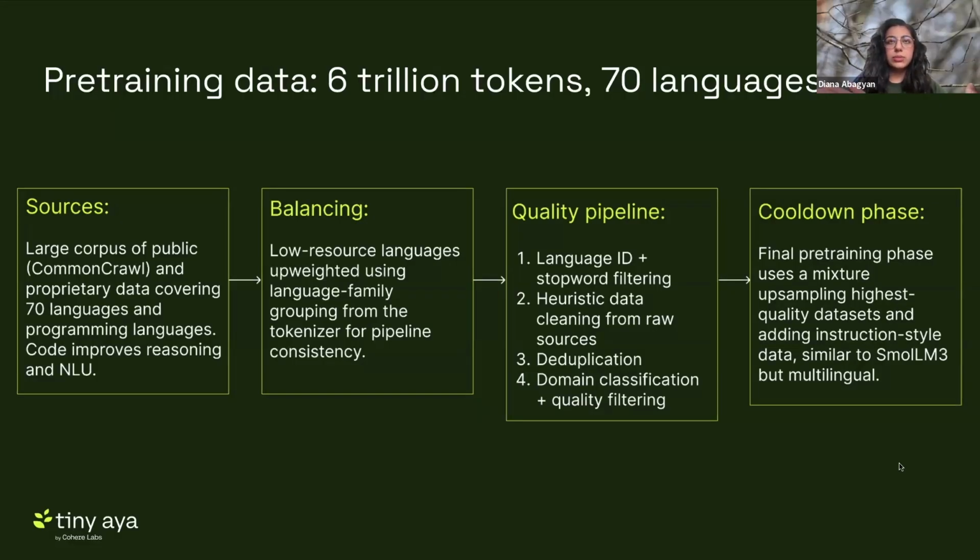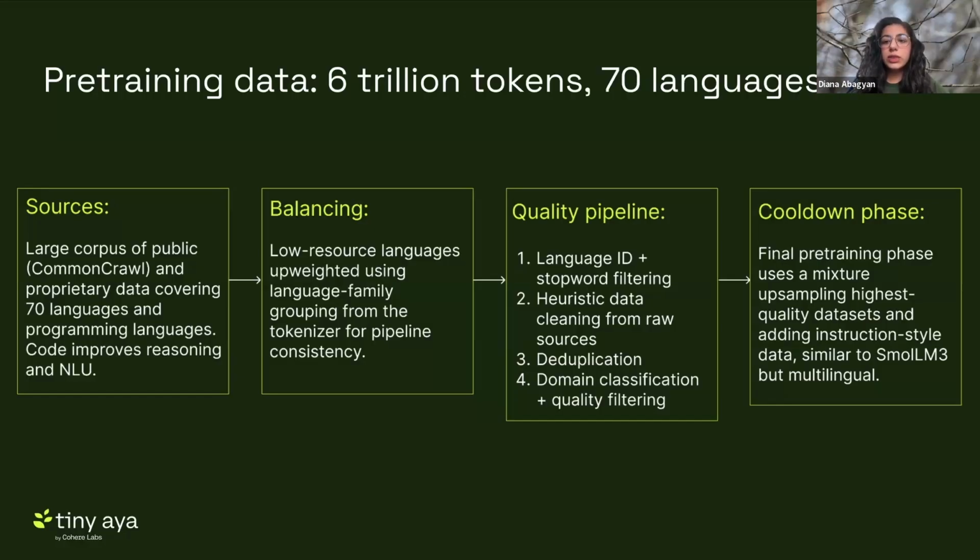So this helps direct the data into different language buckets, right? Then there's heuristic cleaning from raw sources, deduplication, and domain classifying, so that we can make sure that domains such as STEM are higher weighted because those are found to be more informative, and quality filtering. Of course, we want more high quality data.